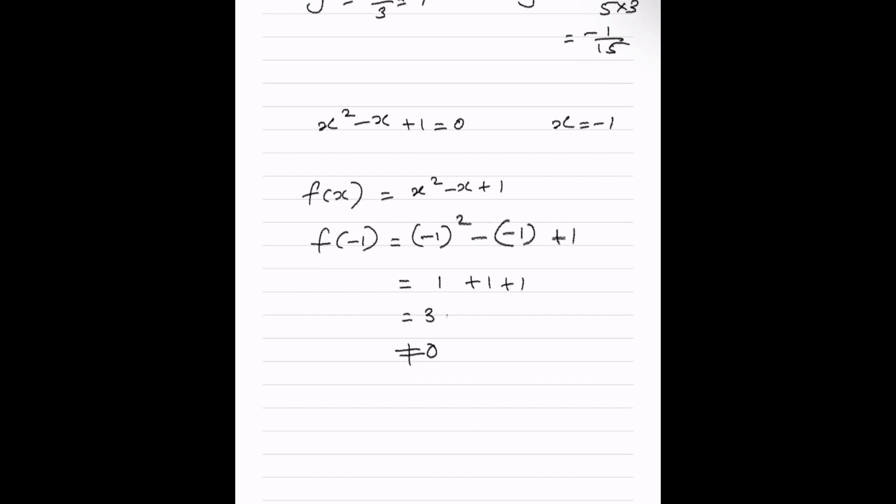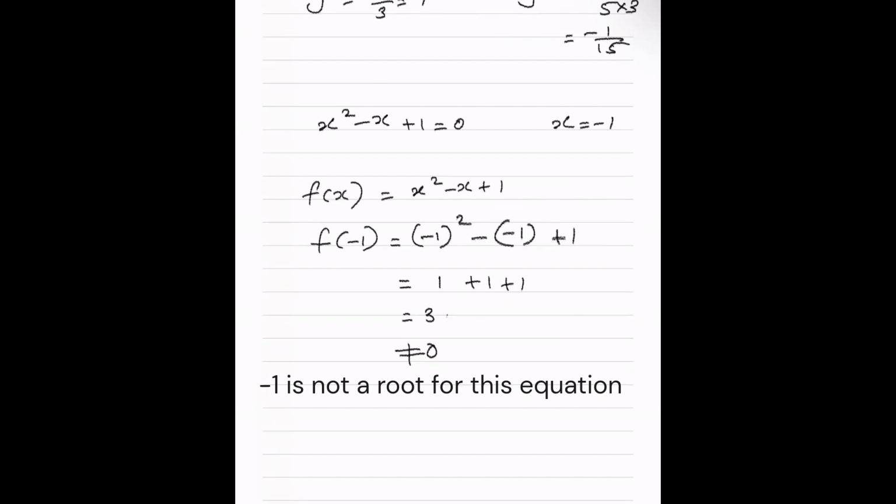When you substitute in the equation, wherever you see x, there you put minus 1. Is it giving you 0? If that expression is evaluating to 0, then minus 1 is a root. If it is not 0, then it is not a root.